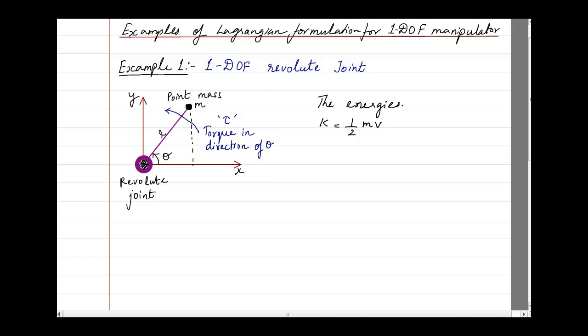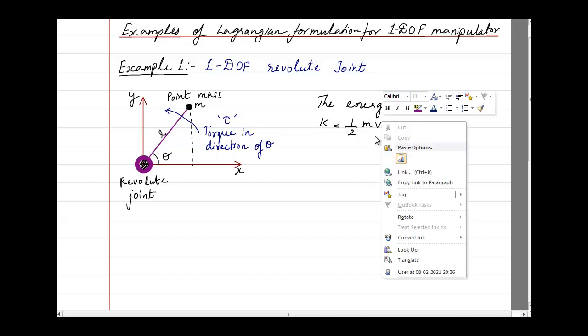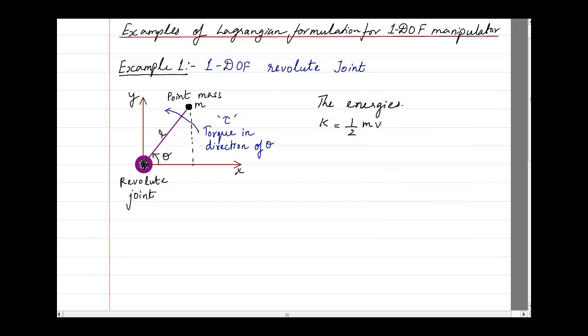Now the velocity that I have is an angular velocity, so I will not name it V. Angular velocity means omega. Actually it is not omega either, it is basically the rate of change of theta. So let me write that.